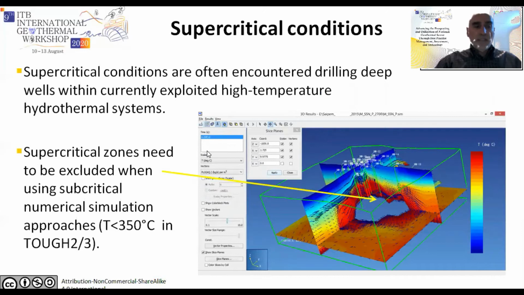Let's go to supercritical conditions. Well, we can find supercritical conditions when we drill deep wells in already exploited high-temperature hydrothermal systems. But when we simulate this kind of reservoir with subcritical approaches, we can get something like this. This is a model for a field in Kenya, in which wells at 2,000 meters and over the upflow were already measuring more than 400 degrees C. So we were obliged to cut the model in the basement in order to avoid supercritical temperature.